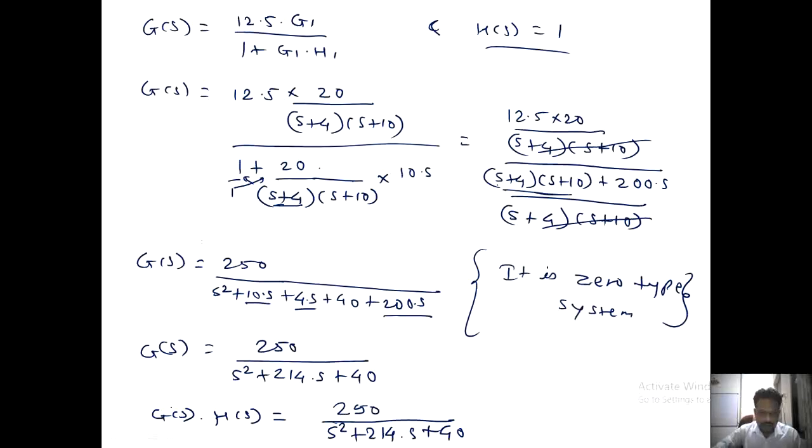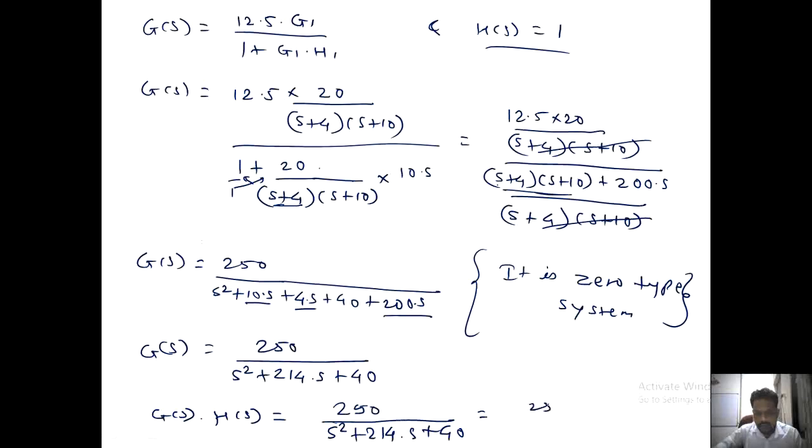See here, we got g of s into h of s as 250 by s square plus 214s plus 40. Now in the denominator there is no single s, no separate s present, but there is a quadratic equation, and as far as a quadratic equation is concerned, it has only two factors.